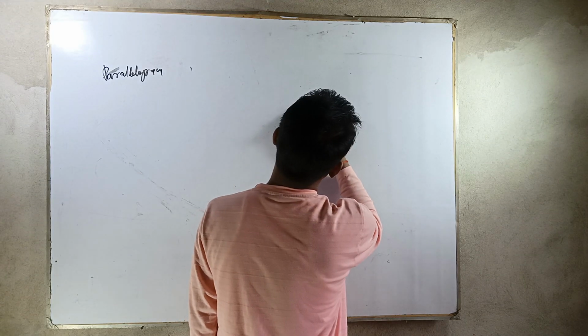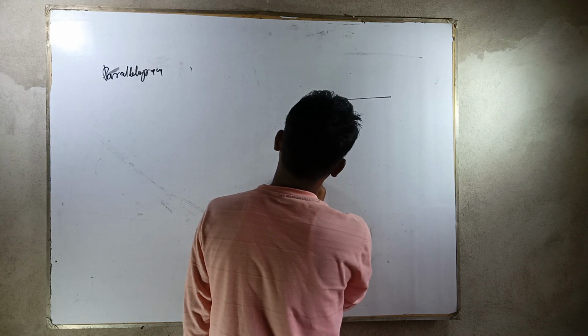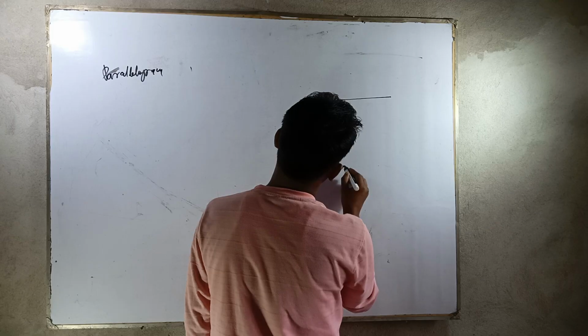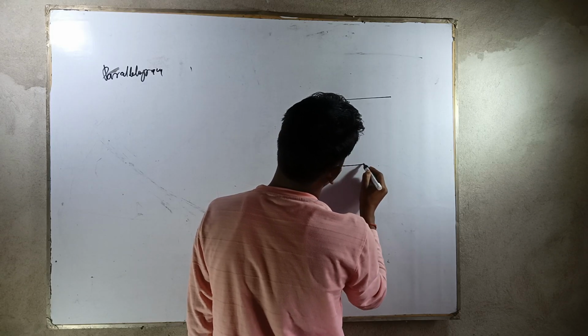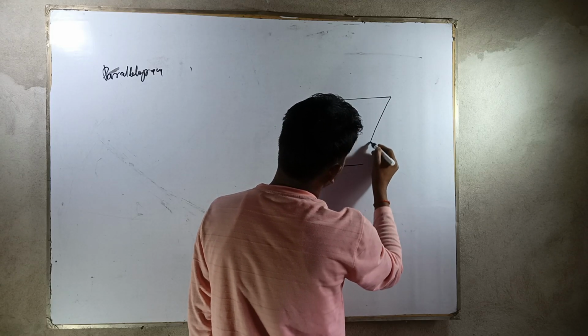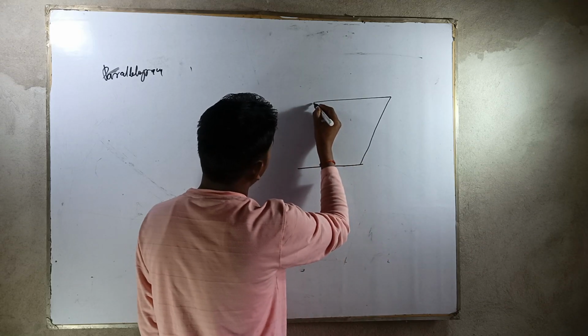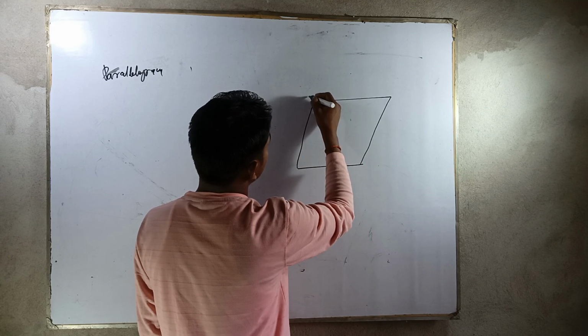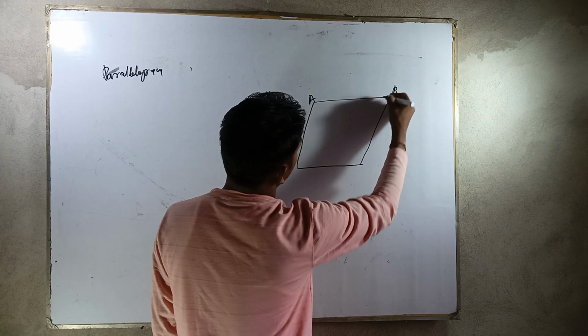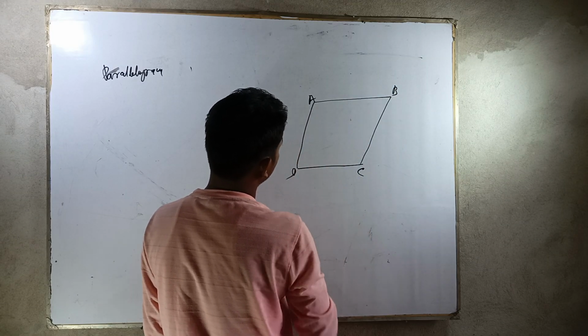Parallelogram is one type of figure. This one is a parallelogram, A, B, C, D.